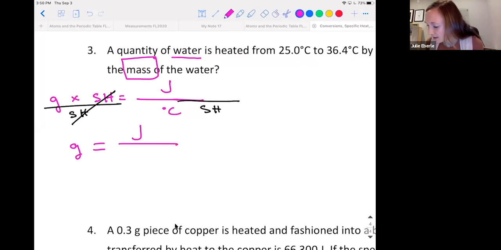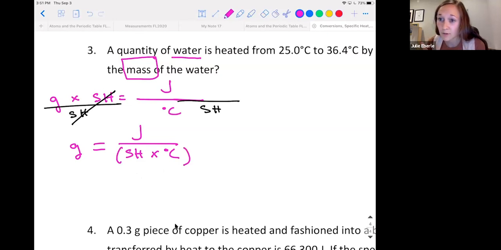Grams equals joules divided by specific heat times degrees Celsius, okay? It doesn't matter what order you write these in as long as they're both in the denominator. So here's our equation. What I like to do is put these in parentheses.